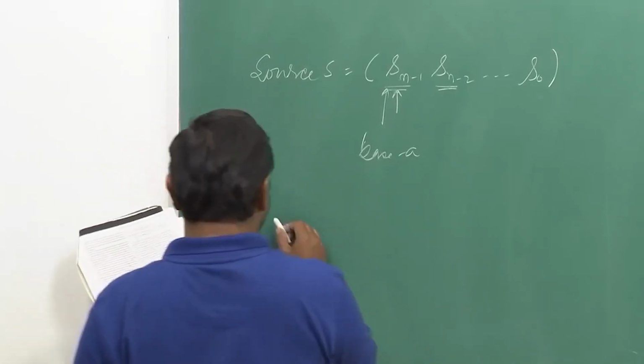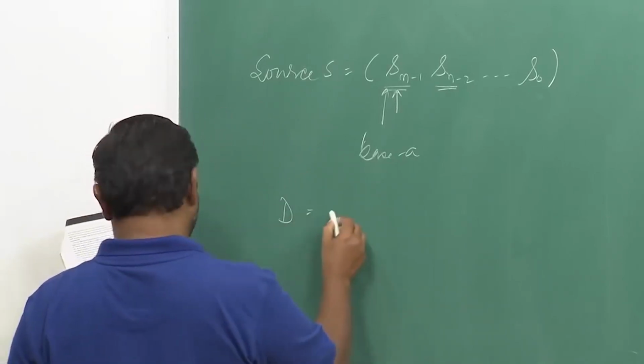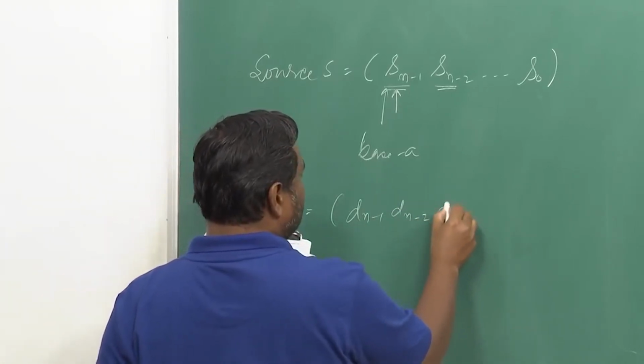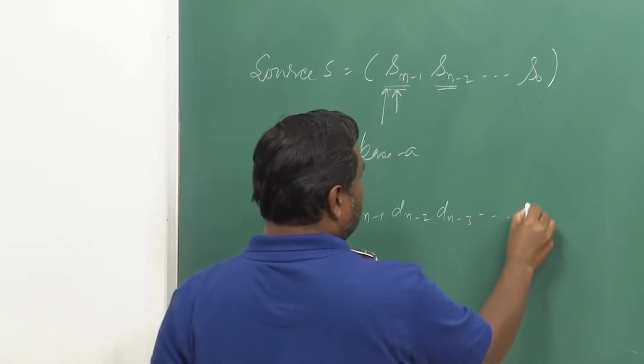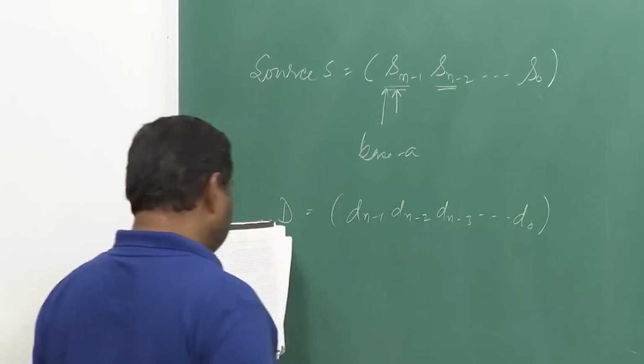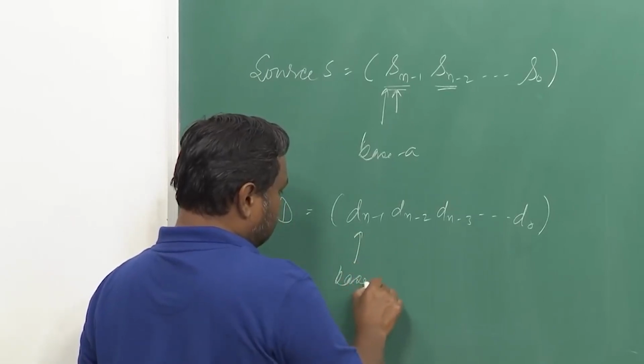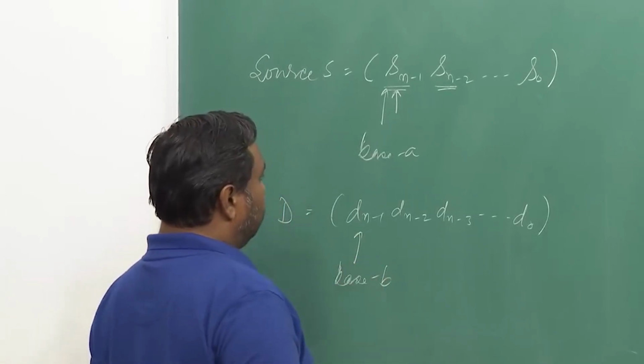Similarly, I am actually representing destination D as which I have written there dn minus 1, dn minus 2, d0 and this will be in base B system all digits. Okay.